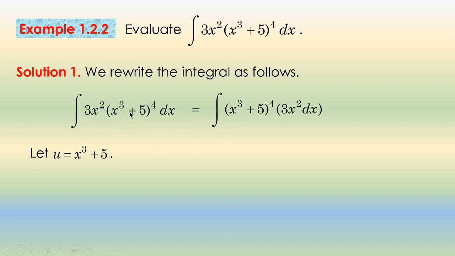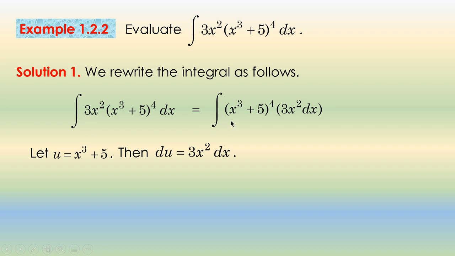Here, our u is x cubed plus 5, n is 4, and let's see if the remaining quantity will be the differential of this u. So from here, the differential of u is equal to 3x squared dx.